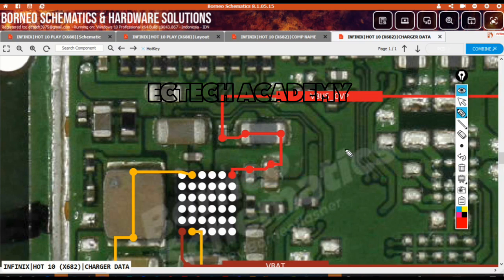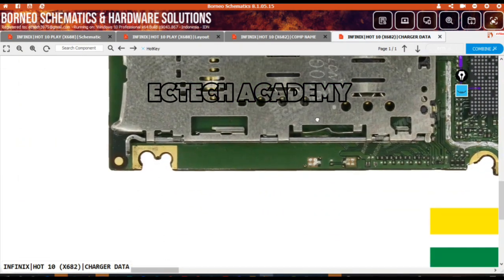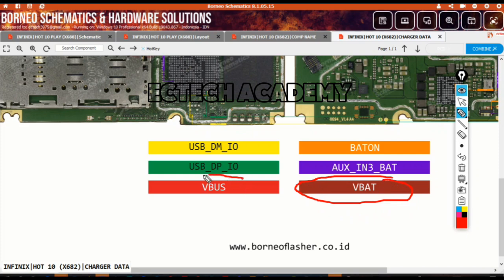Now I have told you that we are dealing with these two guys, fibos and vbat. That's the basic knowledge and basic troubleshooting of a mobile charging circuit, or charging fault.